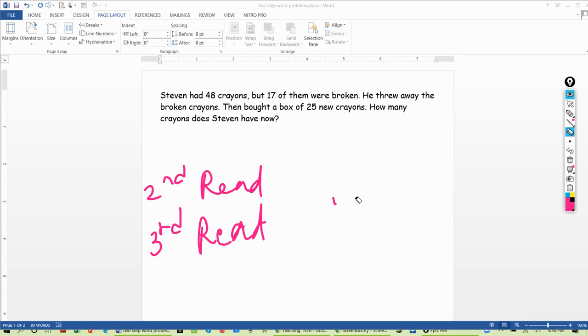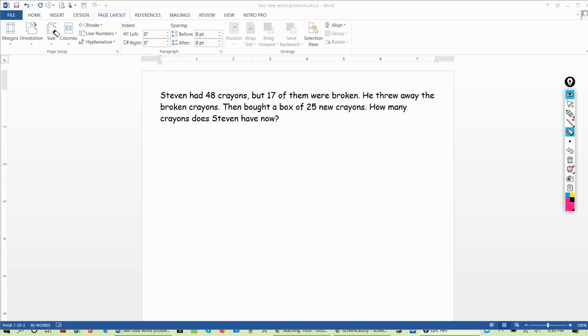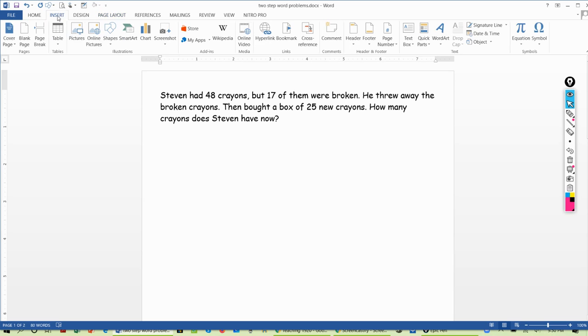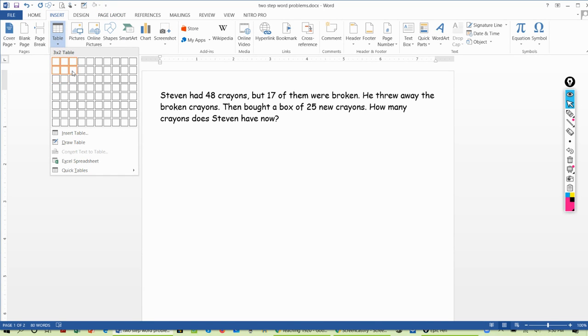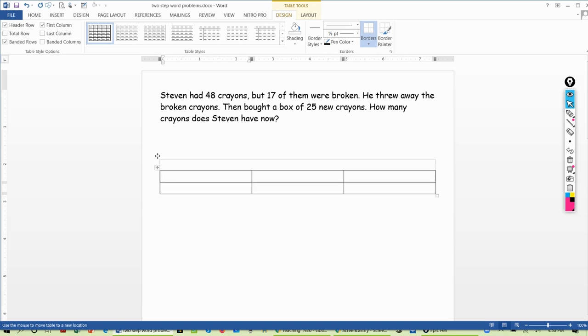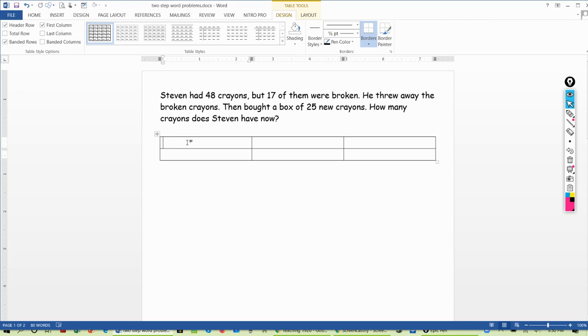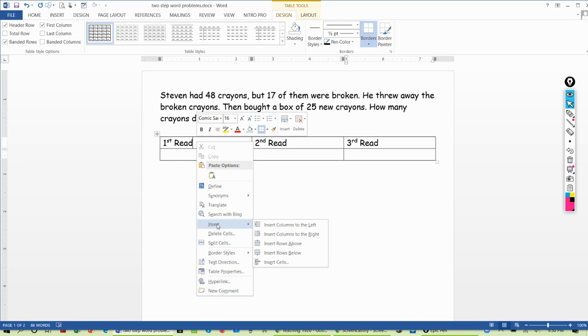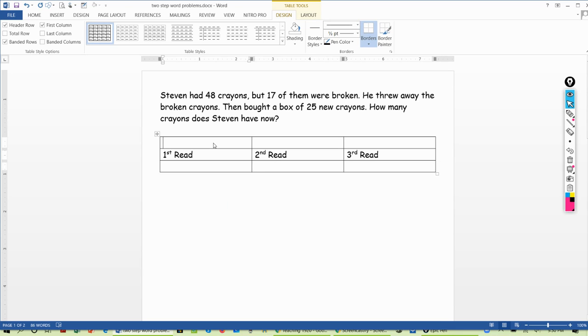Okay, let's do step 1 first. So for that, I am going to insert a table. All right, so let's do first read, second read, third read, and then this will be our step 1.